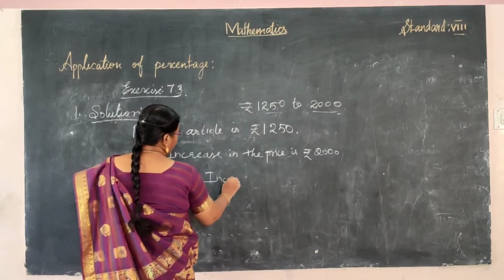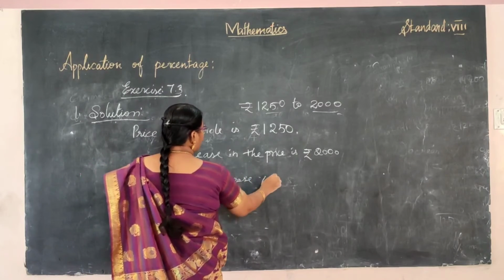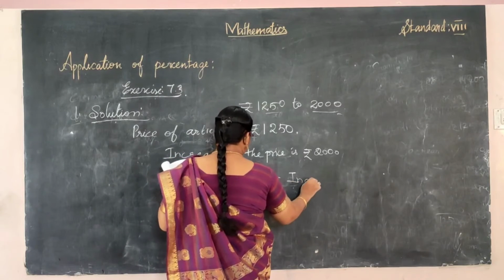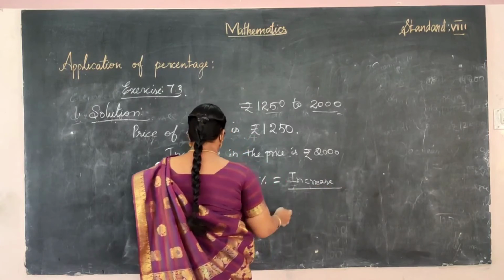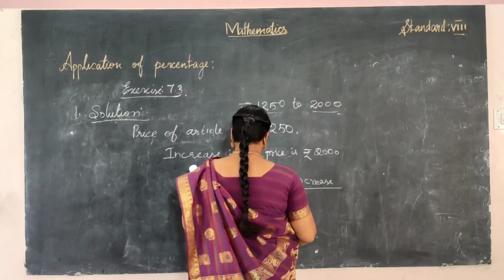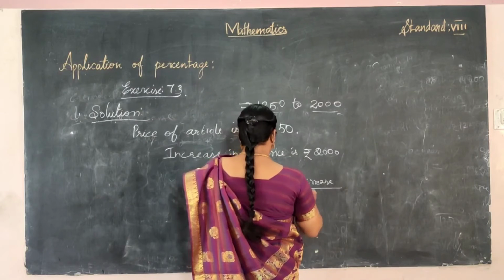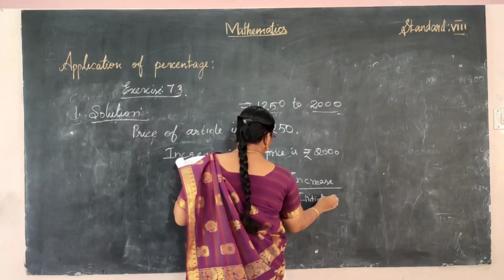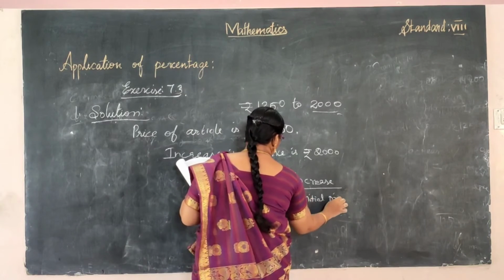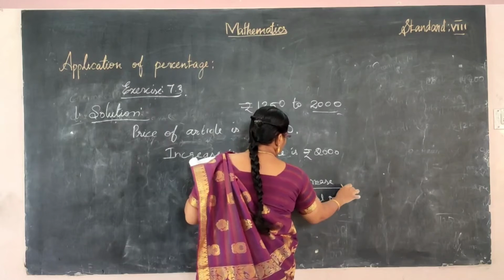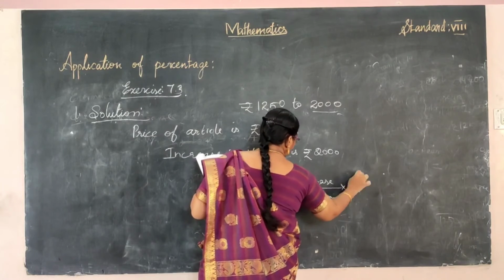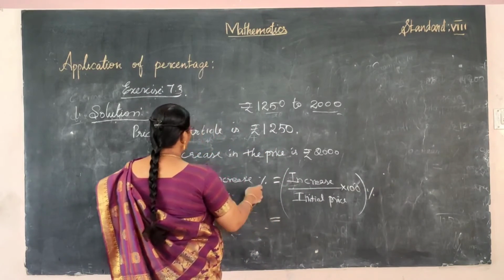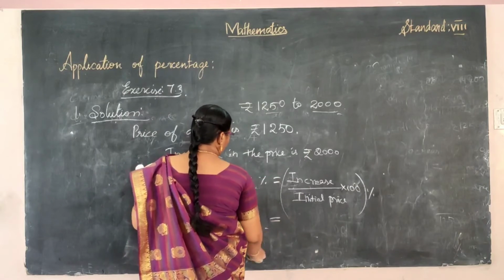Increase percentage. This was already learned in the 7th standard. Increase percentage is equal to increase value by initial value, meaning how much it was at first, or price, into 100 percentage. So how much is the increase?